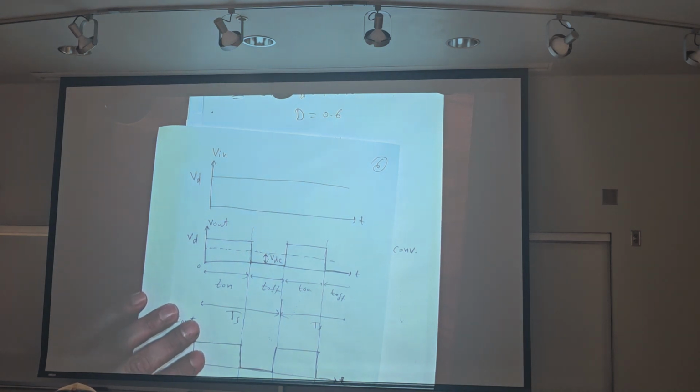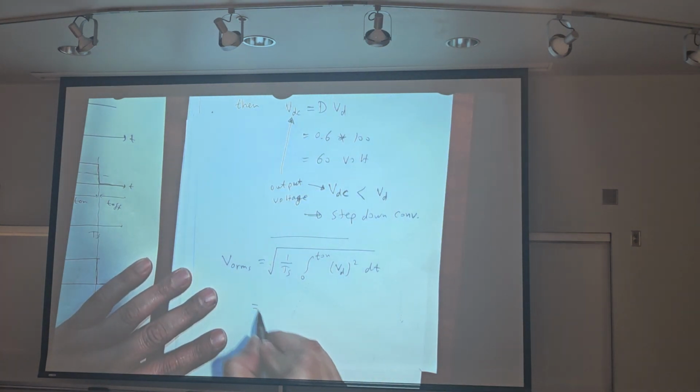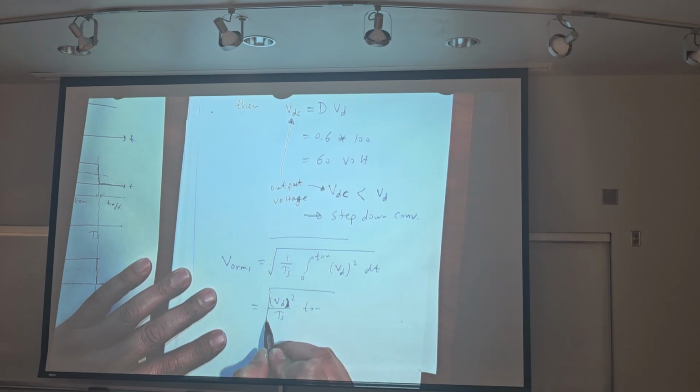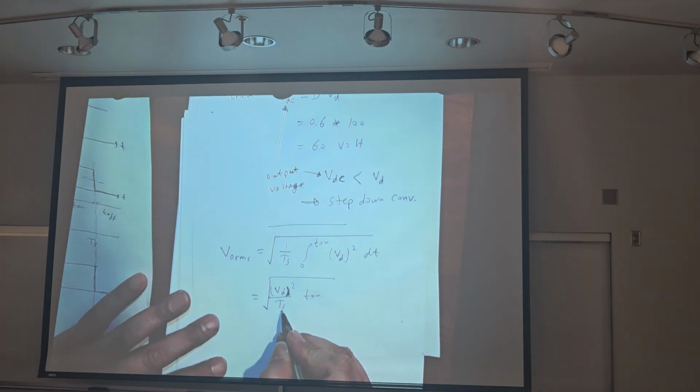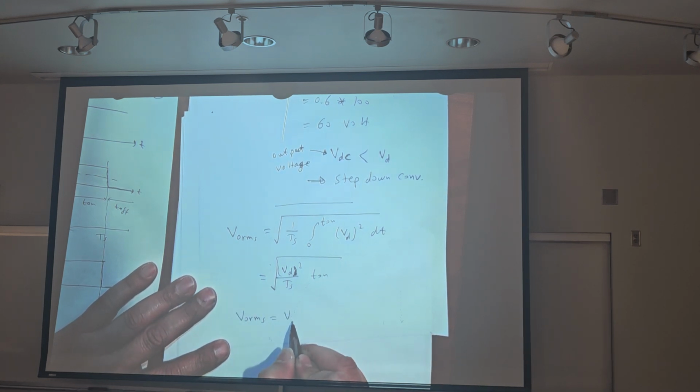So VD squared times T on divided by TS, and T on to TS is the duty cycle. So we have the RMS equal to VD times the square root of the duty cycle.